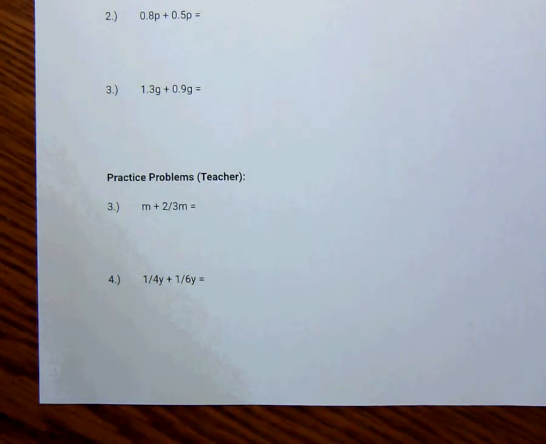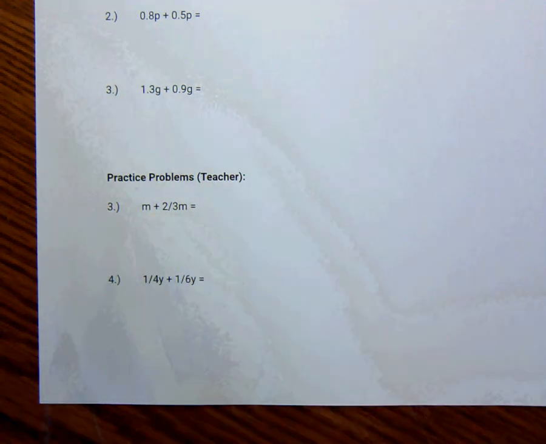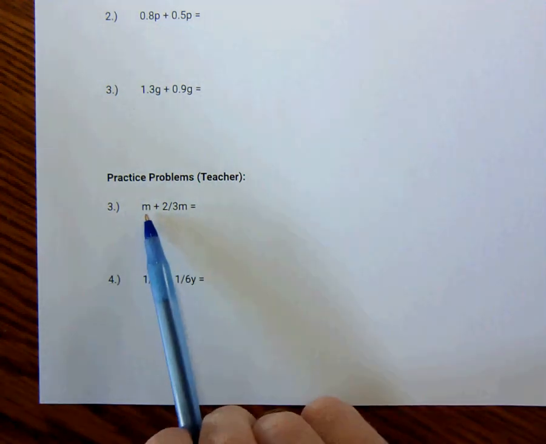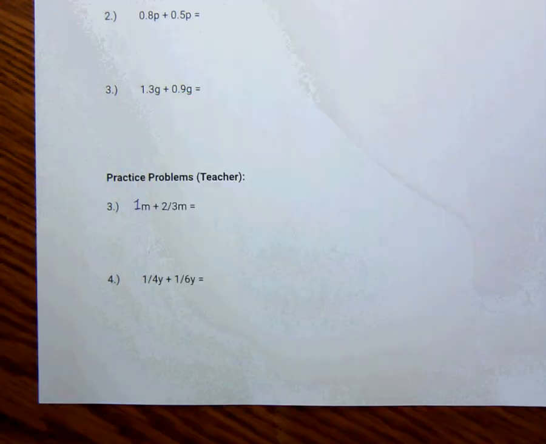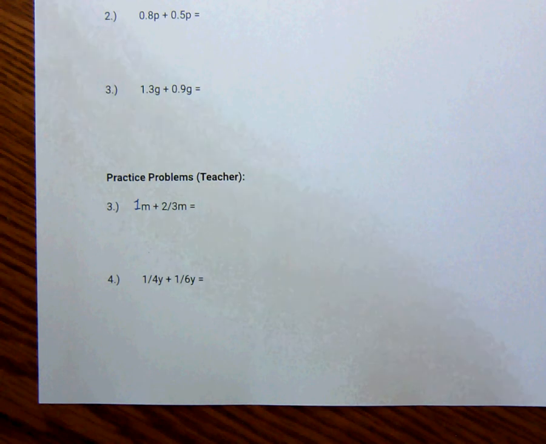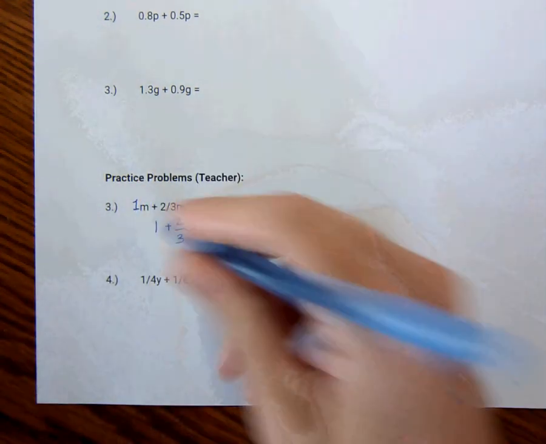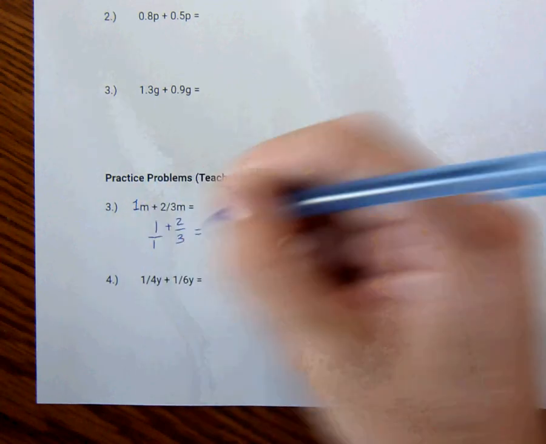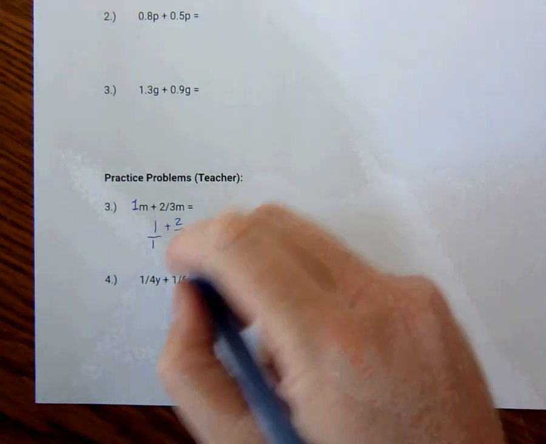We are adding fractions. Just an FYI, if there's ever a variable by itself, there's an understood 1 right there in front of it. So it's like 1 plus 2/3. And you can think about that as 1 over 1 if you like to. Remember, the biggest thing when we're adding fractions is that we have to find a common denominator. So the easiest one obviously is going to be 3.